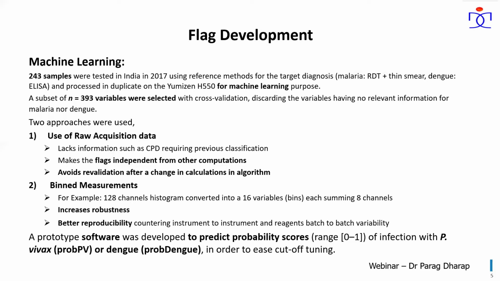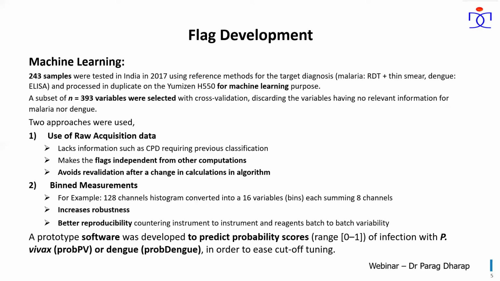Out of the data gathered, 393 variables were selected with cross-validation, discarding the rest of the variables which were having no relevant information for malaria or for dengue. For further data processing, we used two approaches, one followed by another.